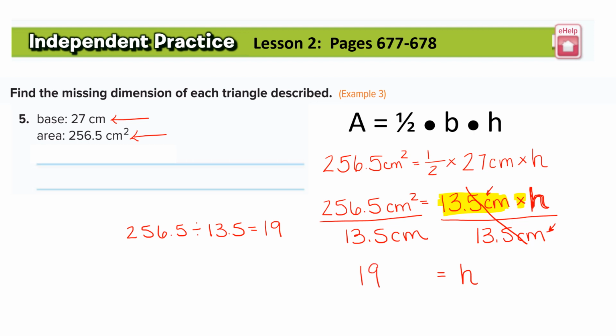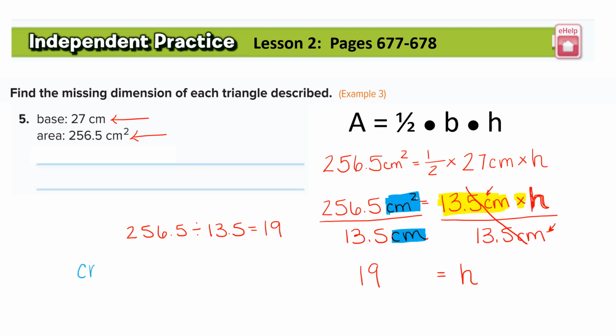Now we need to take a look at our unit answer. I'm going to highlight that here in blue. Blue's a little dark, sorry about that. Okay. So again, this is centimeters squared.